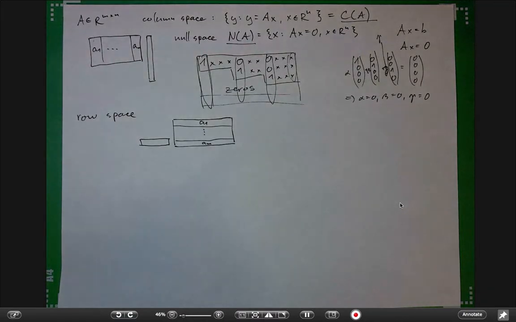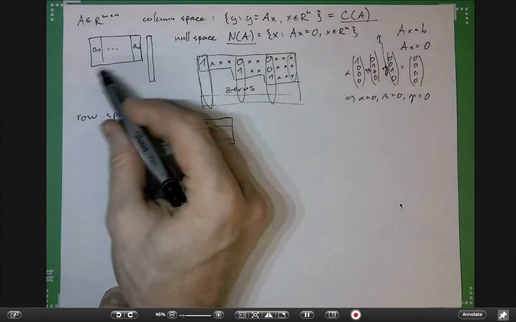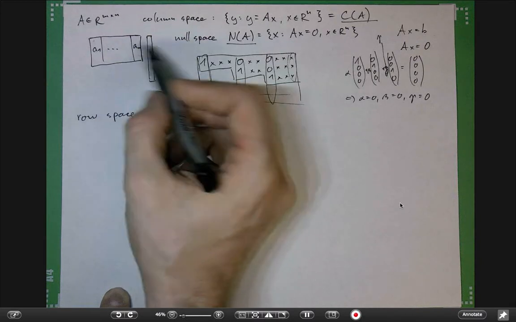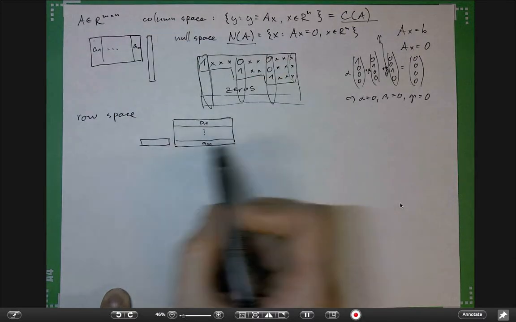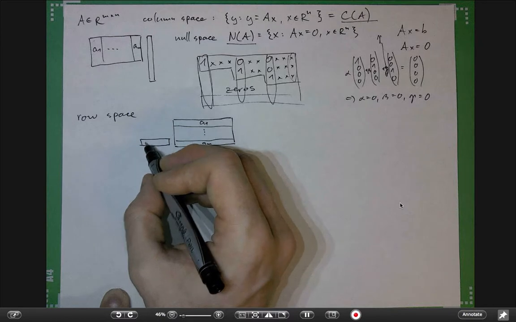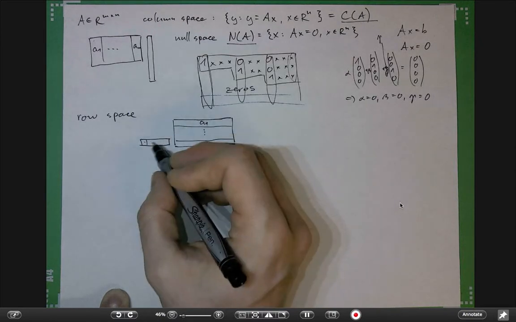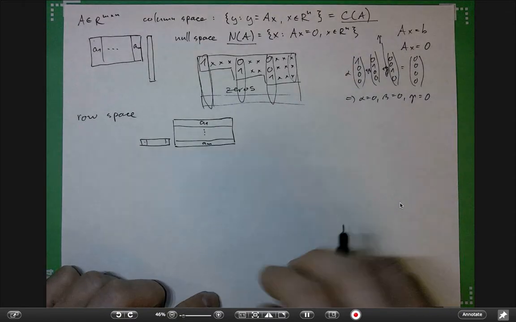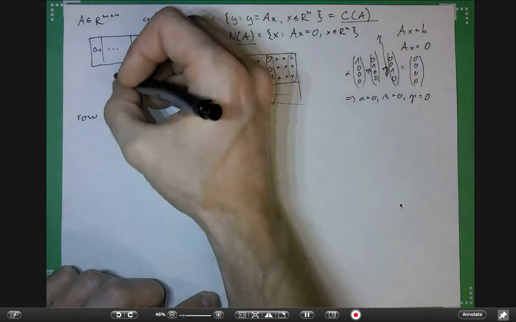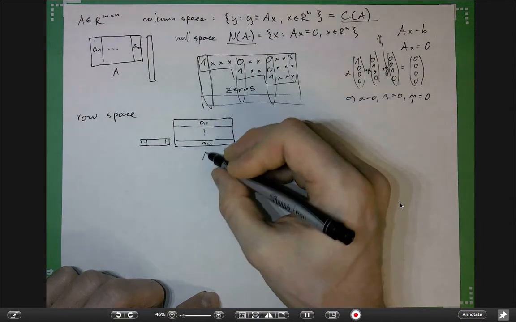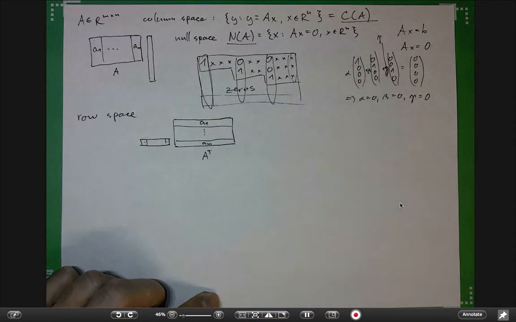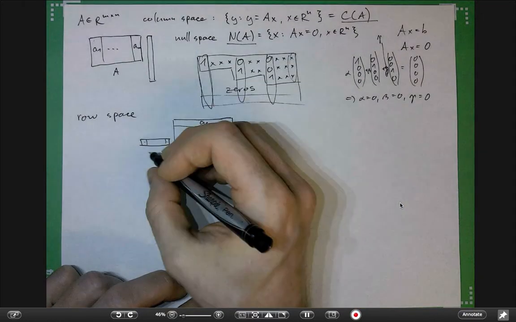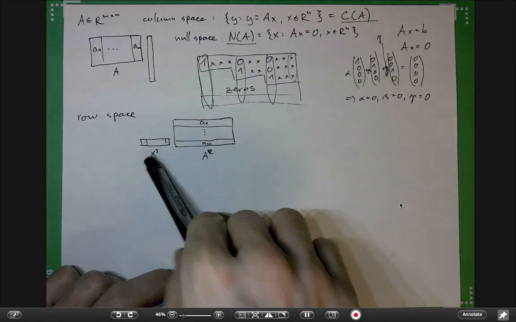Quite obviously. And the way it works, if I wanted to get column space, I had to multiply every column by something and sum it. And in matrix form, it's written this way. And the row space in matrix form is written this way, right? Here would be the first coefficient for the first row, and so on, the last coefficient for the last row, right? So if this was my matrix A, this is some transposed vector x, because it's a row vector.